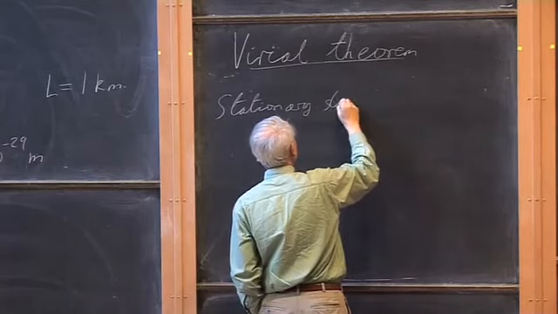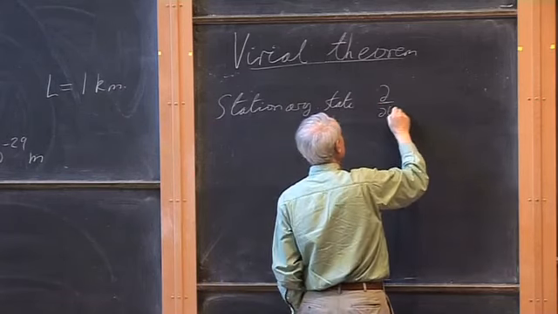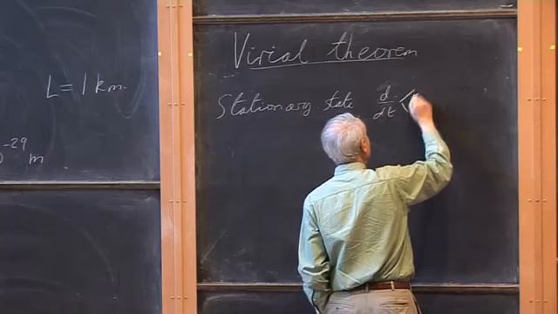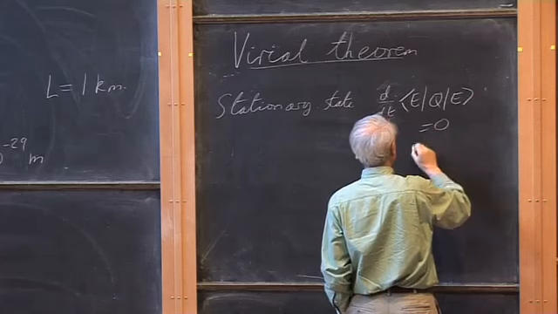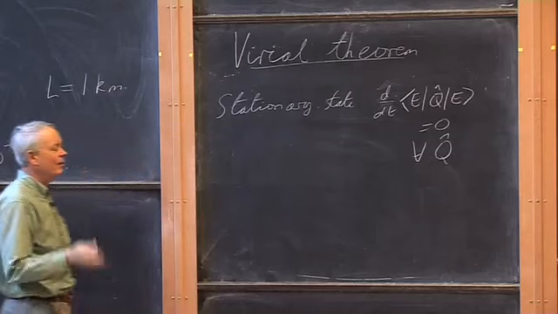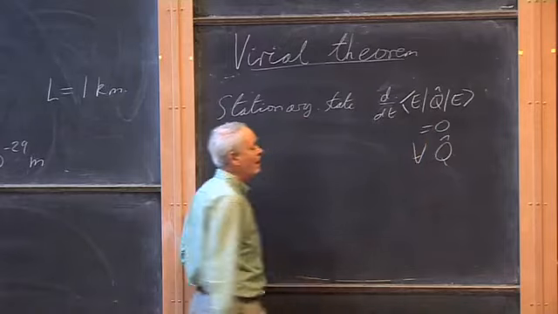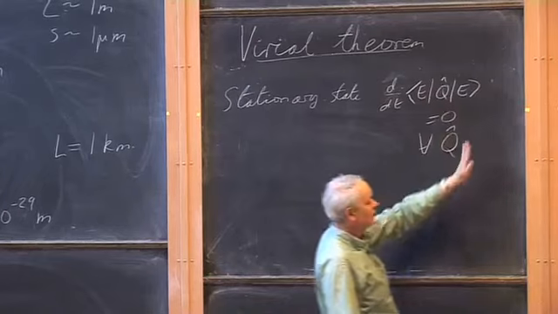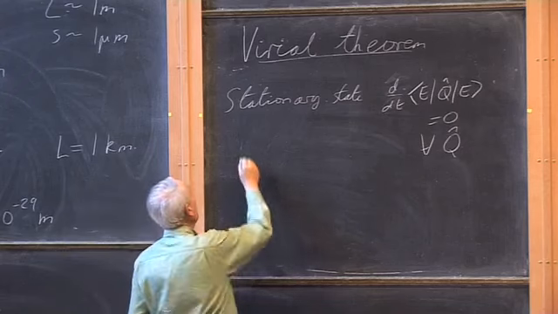For a stationary state, we have that d/dt of the expectation value of Q equals naught for all operators Q. It doesn't matter what observable you stuff in there, as long as the observable is defined in a way that's independent of time. So it's something like position, momentum, angular momentum, whatever. It has a vanishing rate of change with respect to time. It's a constant.